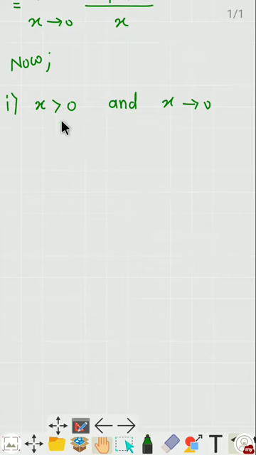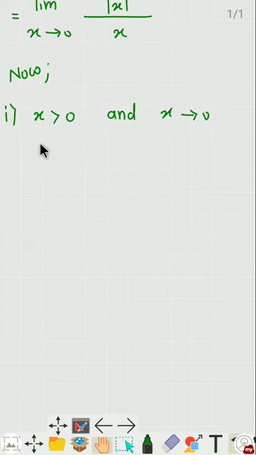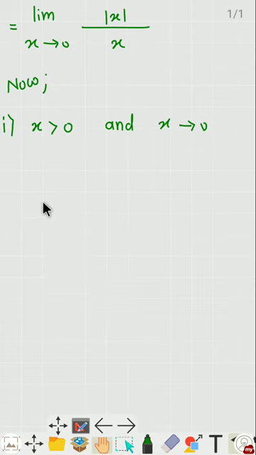As x is greater than 0, the value of mod x is x.